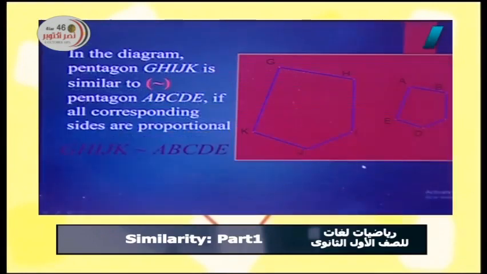Okay, let's go to the second one. In this figure, we can see that ABCDE is a pentagon, that means it has 5 sides. And the second one, GHIJK, and they are similar. So all corresponding sides are proportional.